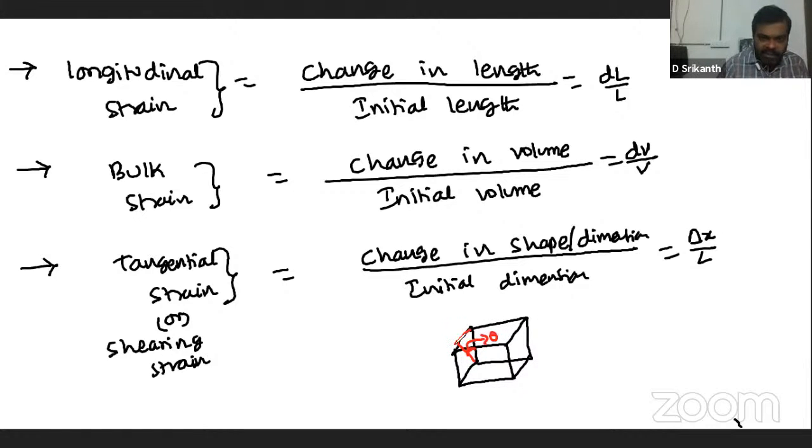This small change we call delta x, this value dx. It is the length opposite by adjacent, opposite by adjacent.